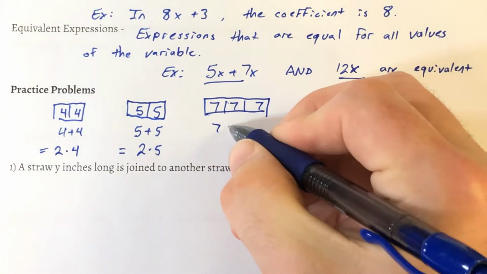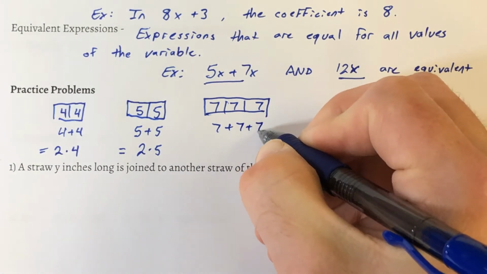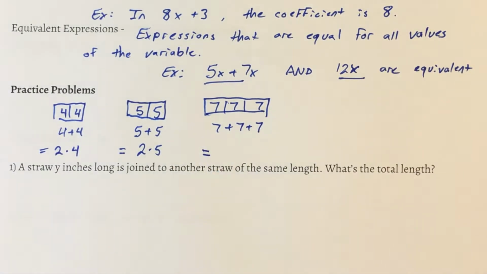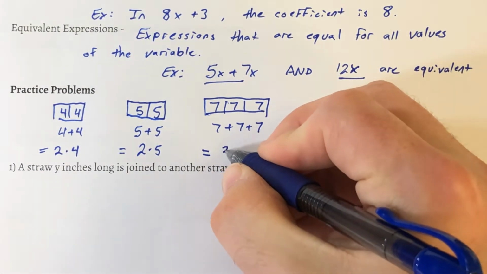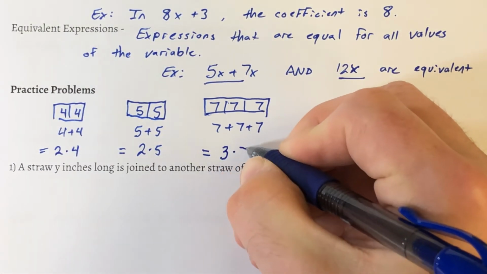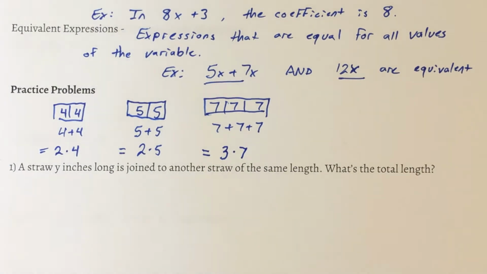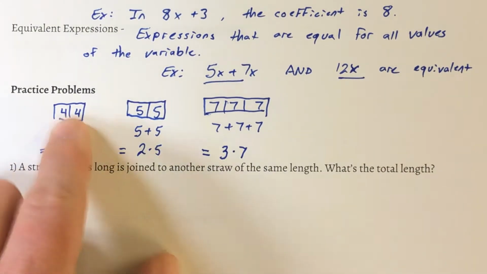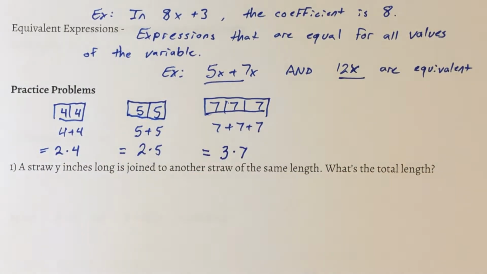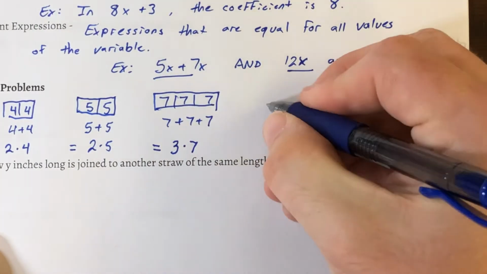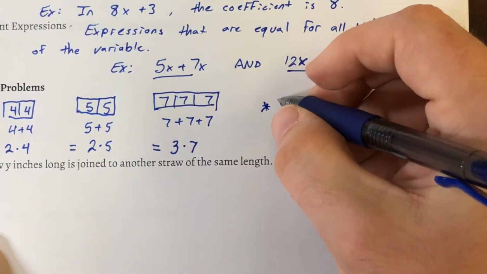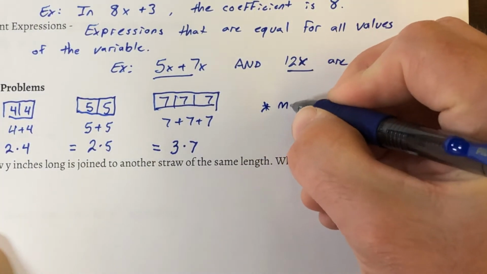Well, I could do 7 plus 7 plus 7, or I could use multiplication for that repeated addition and say, well, I have 3 sevens. In other words, 3 times 7. So think of multiplication as how many of something do you see? How many of them are there? So again, multiplication is the same as repeated addition.